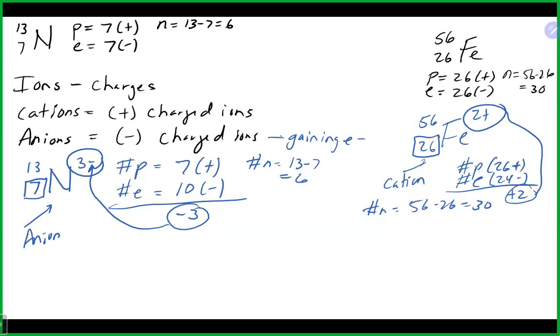When we compare our electrons in the positively charged guy to our electrons in the neutral, what we see is it actually has 2 less electrons in the +2 than it did in the neutral. So that is how cations are made, by losing electrons.